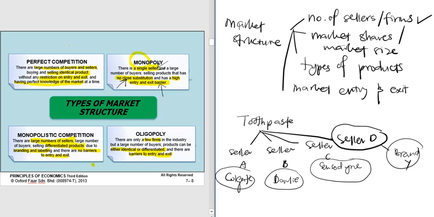A high amount of capital is needed to start a business or a firm in this oligopoly market. That's why it's hard for other firms to enter the market. If you want to become a car manufacturer, you need a lot of capital to start the business in this kind of market structure.